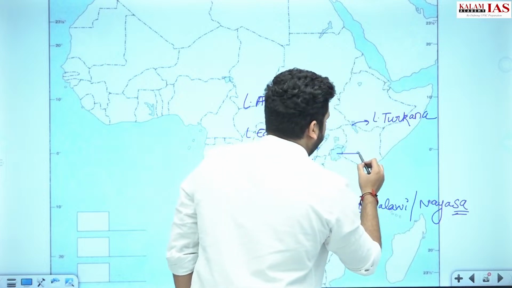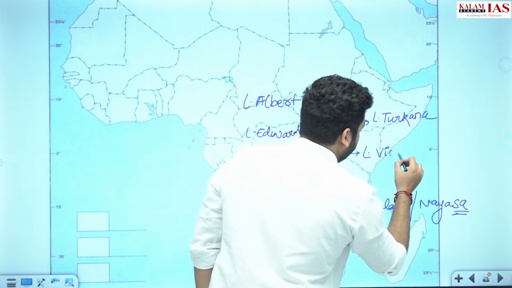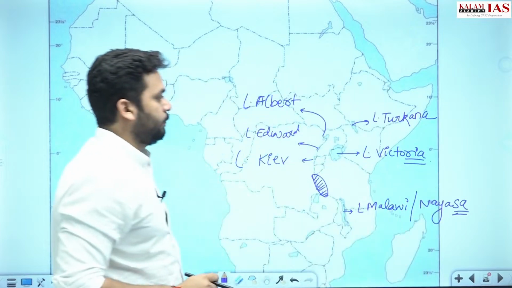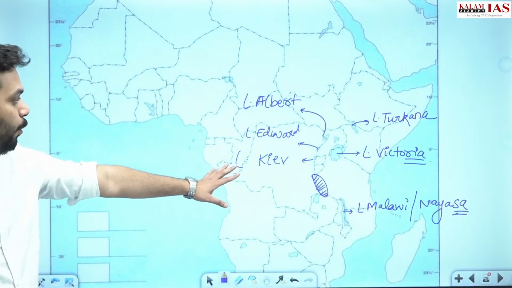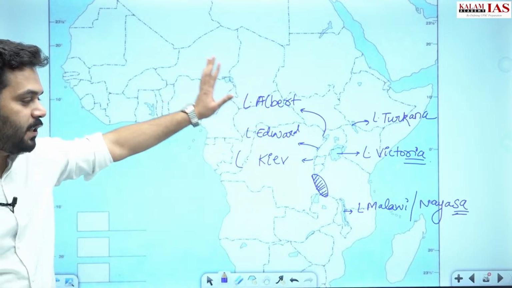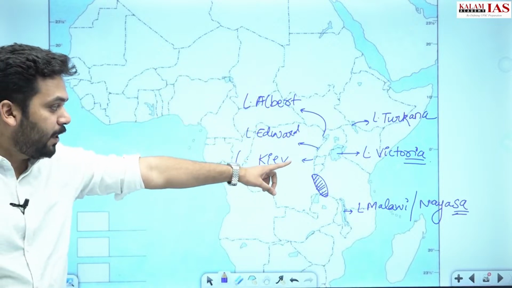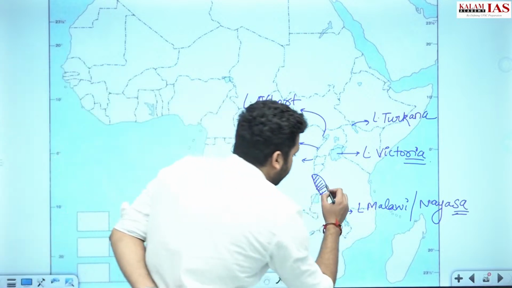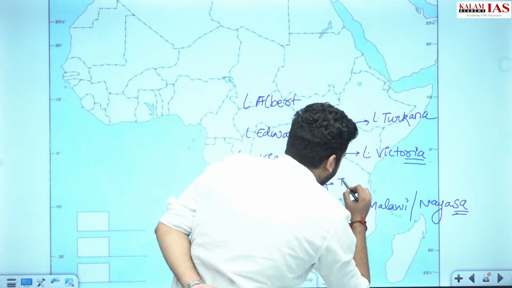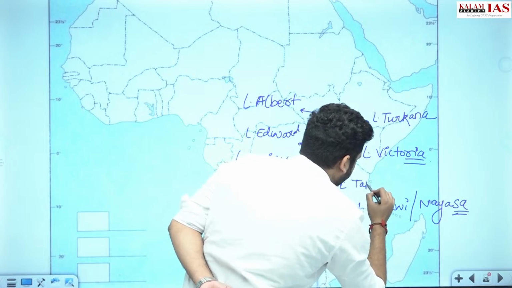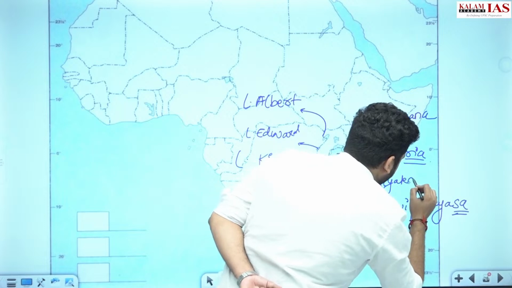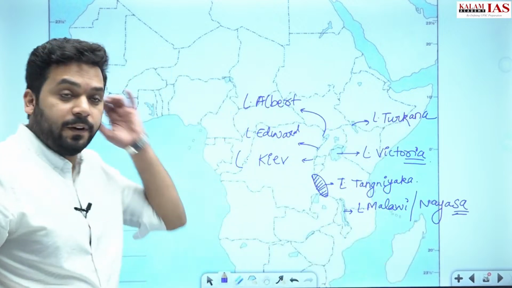Then we have Lake Victoria. I hope this much is clear. Lake Victoria is not a Rift Valley lake. Lake Kivu, Lake Malawi, Lake Tanganyika, these are the Rift Valley lakes.